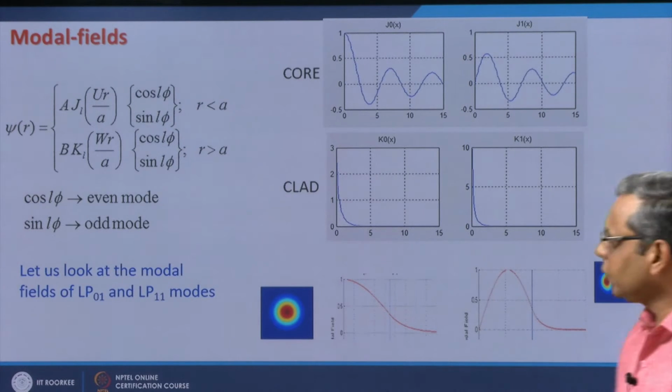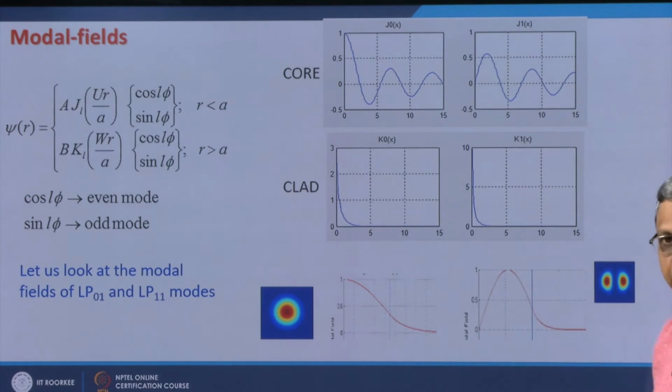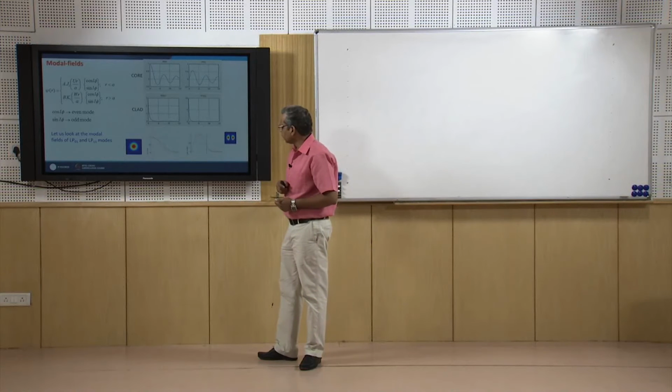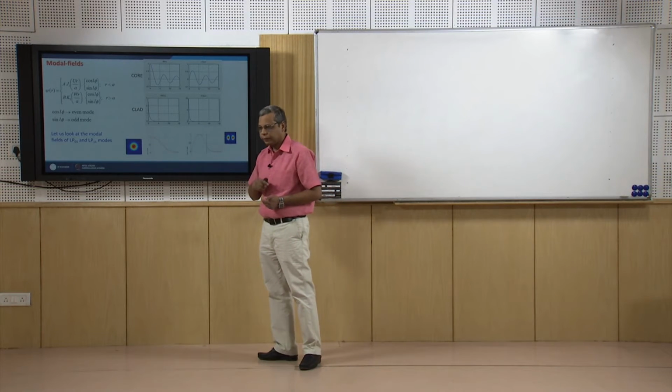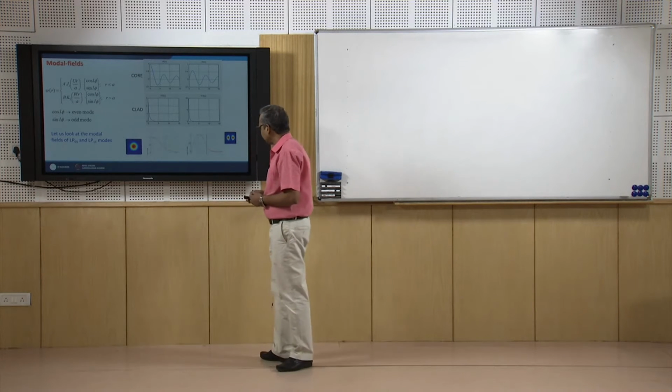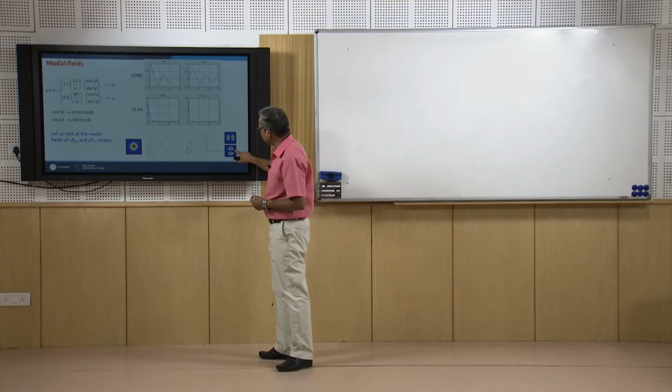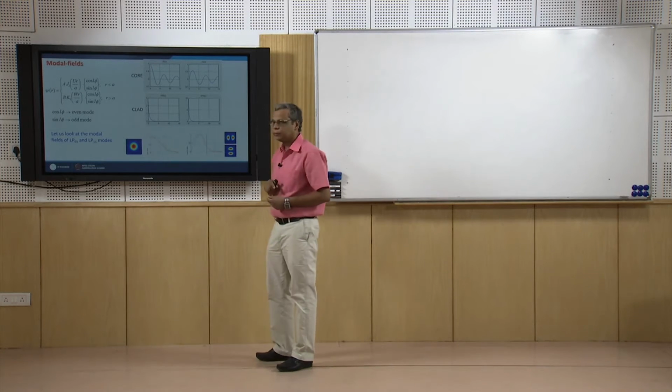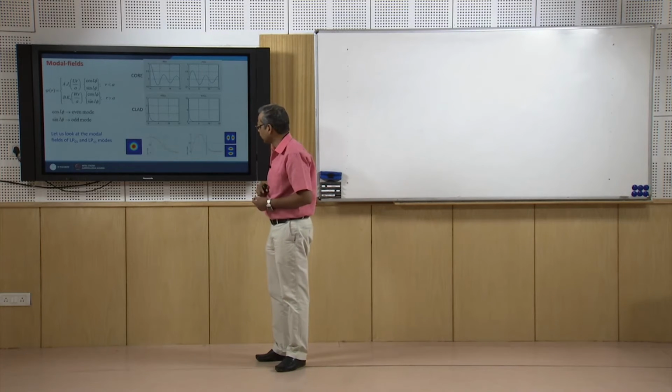If I take the sine phi solution, then sine phi would be 0 at phi equal to 0, and maximum at phi equal to pi by 2, and if I now rotate it, it will give me this kind of solution.